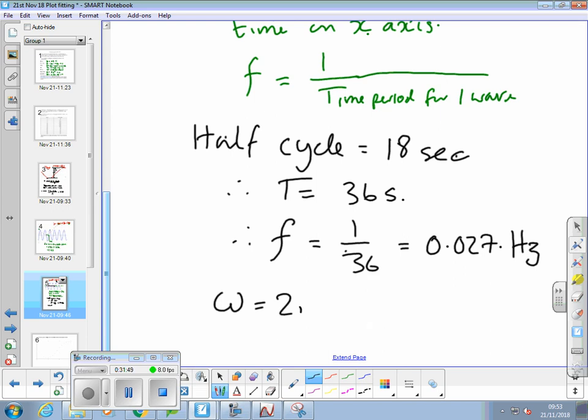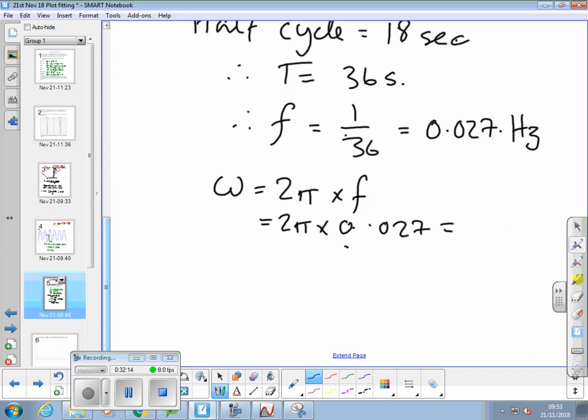Omega is equal to 2 pi times the frequency in hertz. 2 pi times 0.027 equals 0.17, and the units of that are radians per second.